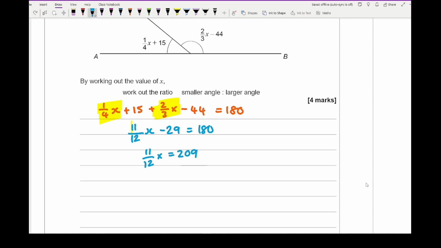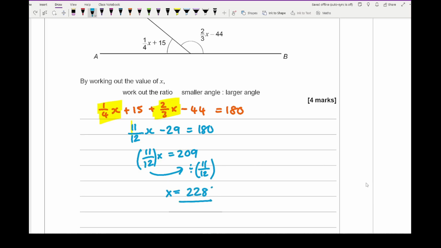209. And then taking 11 over 12 over to the other side by dividing by 11 over 12. Alternately, you could multiply by 12 over 11. It's entirely up to you, whichever floats your boat. But if I do 209 divided by 11 over 12, I get an answer of 228.